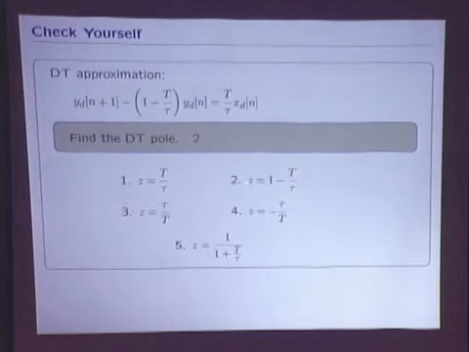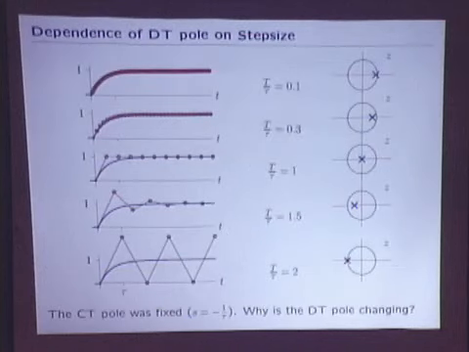Right? So you remember the solution to the last problem, the pole was at 1 minus T over tau. So if T over tau is 0.1, the pole is at 0.9. If T over tau is 0.3, the pole is at 0.7. If T over tau is 2, it's 1 minus 2, which is minus 1.